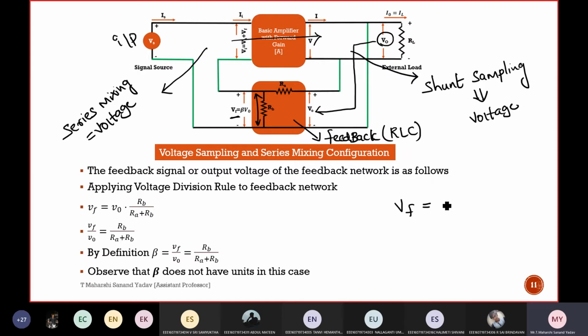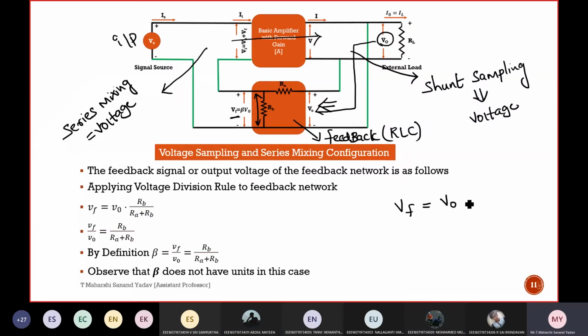The formula is total voltage into opposite resistance by total resistance. Is it V out or VS? V out, sir. Correct. Why not VS? Because the input that is coming is from the output side.